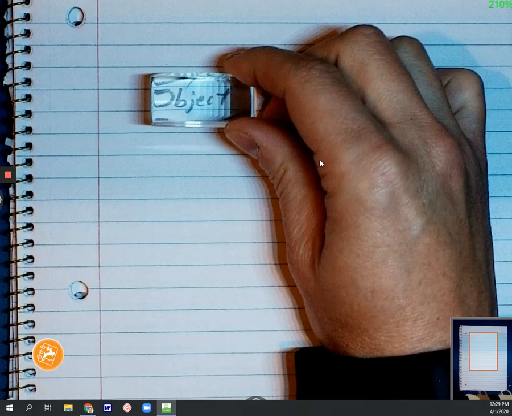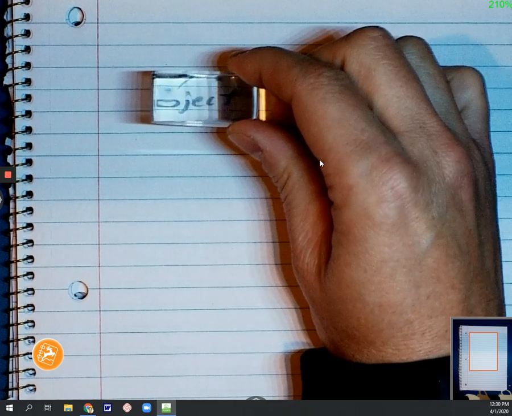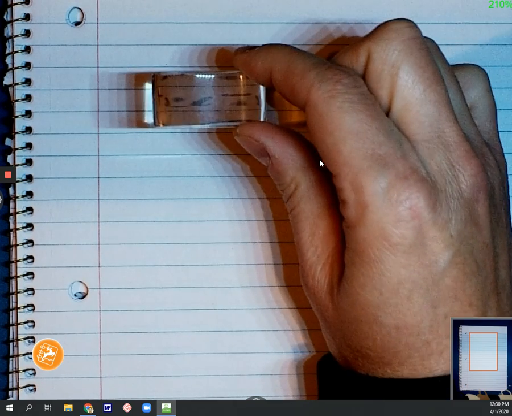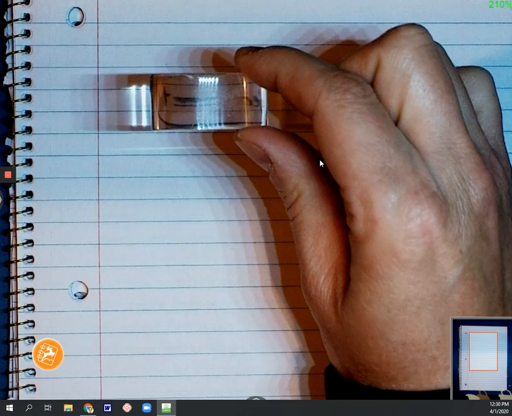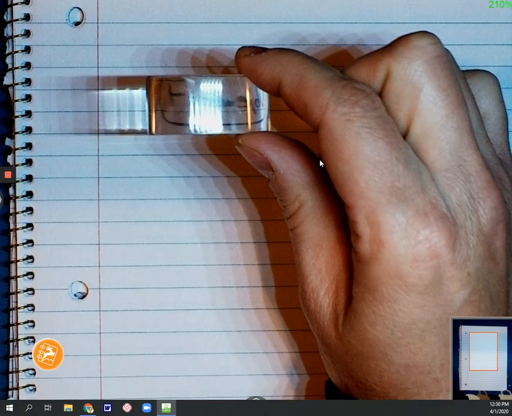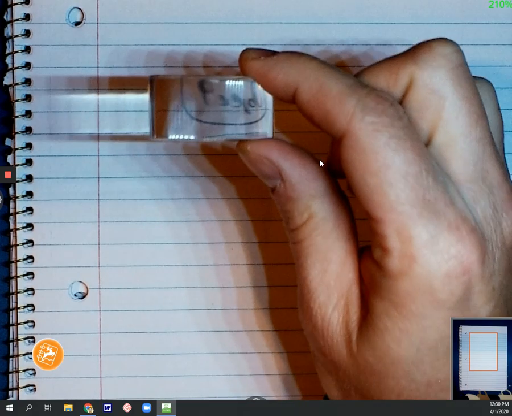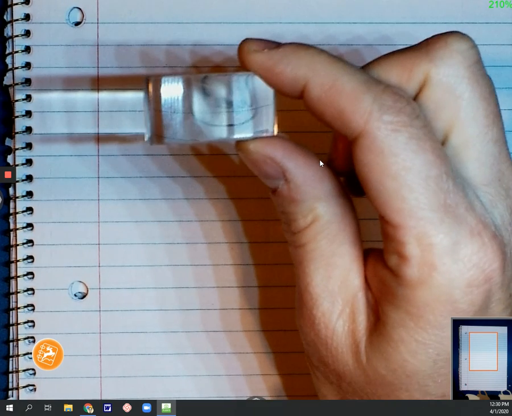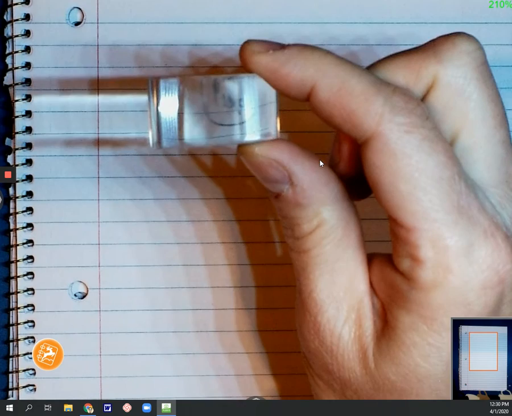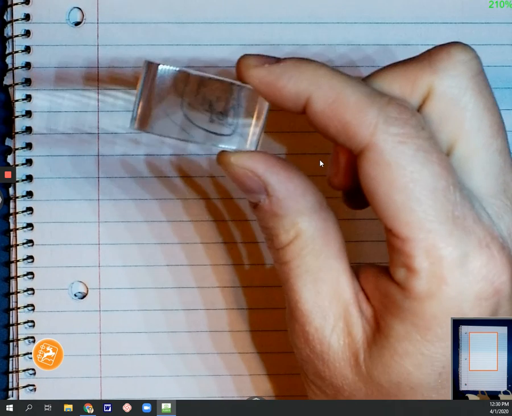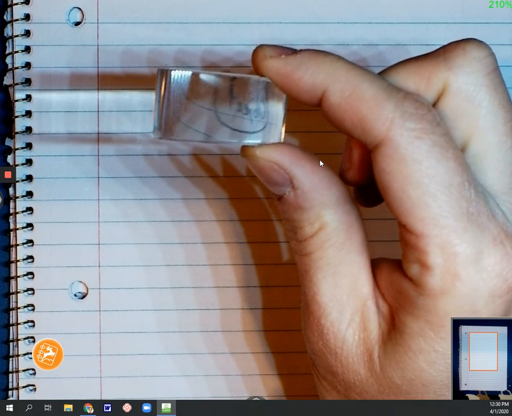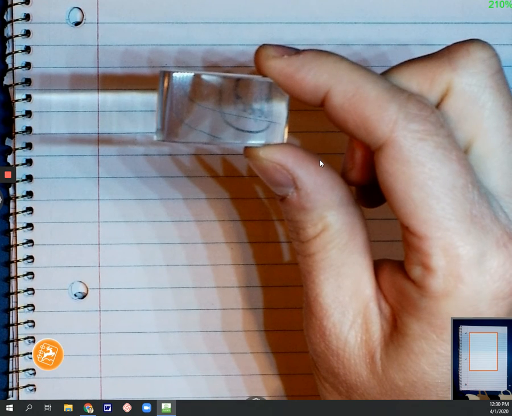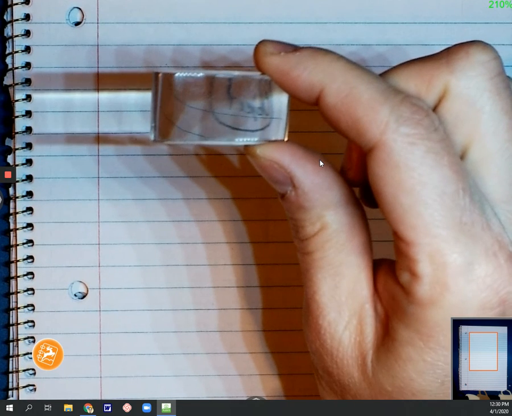Now, if I continue moving that object past my focal point, it seems to get all scattered and weird. But then if I keep bringing it up, oh, what happened? You see it? You can just barely make it out right there, but the word object that I wrote is backwards.